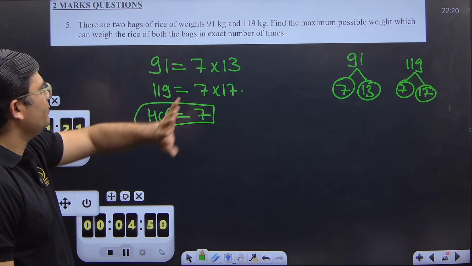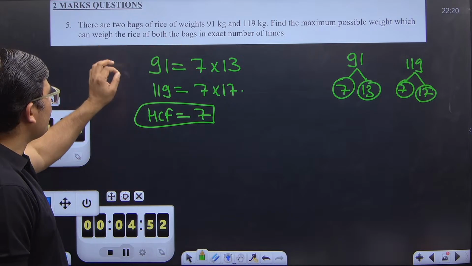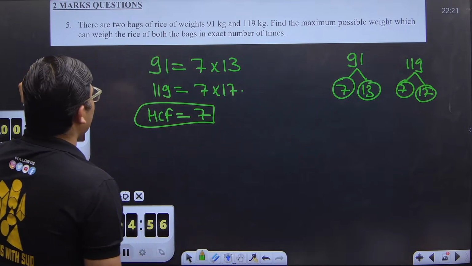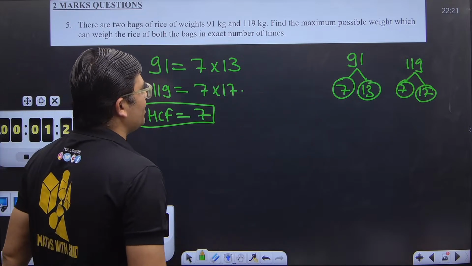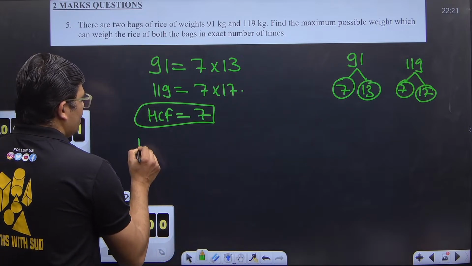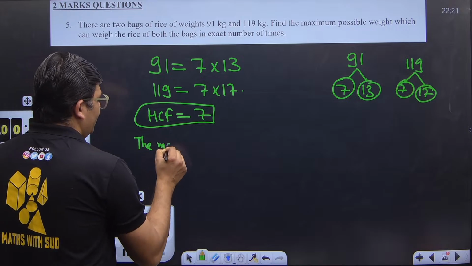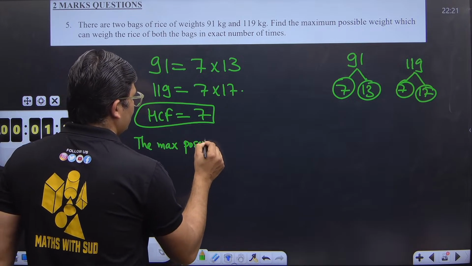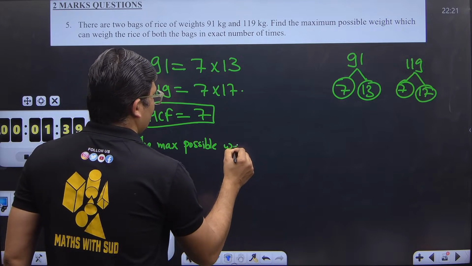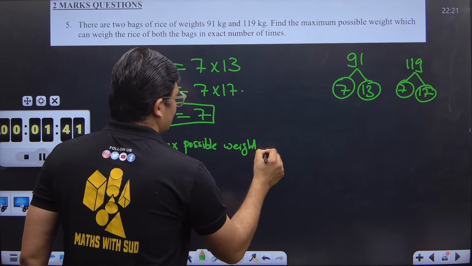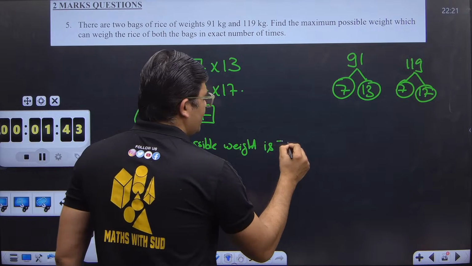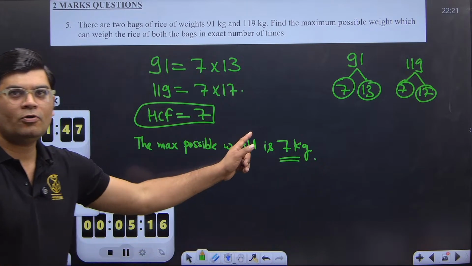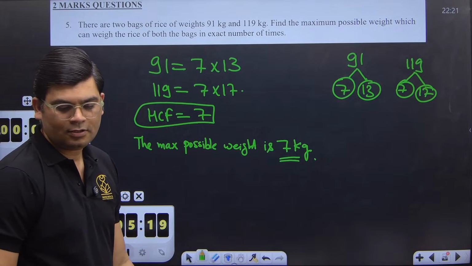Okay, clear है बेटा? So आपसे क्वेश्चन पूछ रहा है find the maximum possible weight which can weigh the rice of both the bags in the exact number of times. So आप लिखोगे the maximum possible weight is क्या लिखोगे बेटा 7 kg. ऐसे लिखोगे then you will get one more mark.